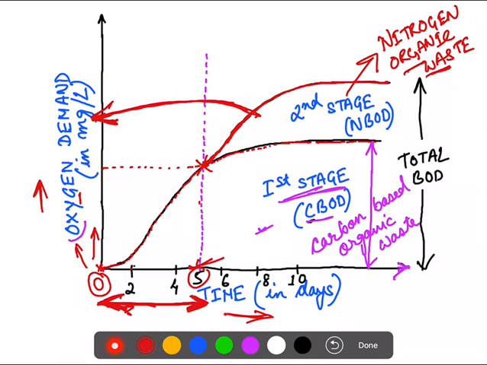The bacteria responsible for this demand is the nitrifying bacteria, and their numbers increase only after day 5, from day 6 to day 10. Before day 5 their quantity was very less, and that is why they don't exert any oxygen demand from the environment of the wastewater. I hope this is clear till this point.